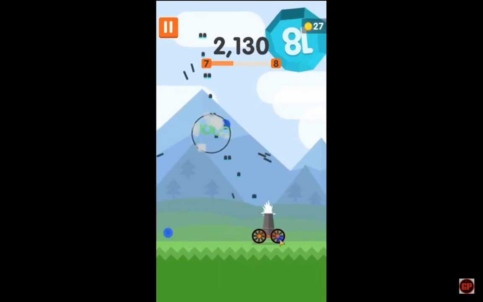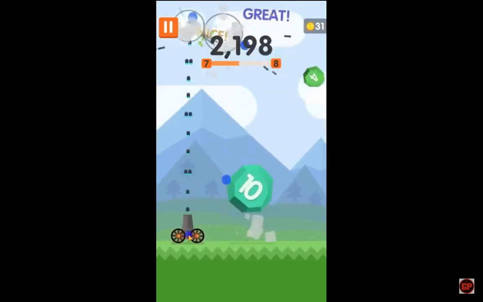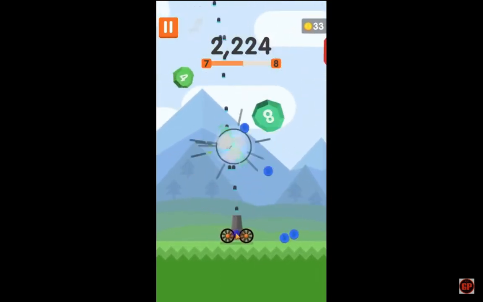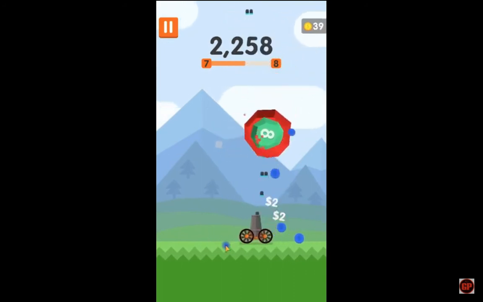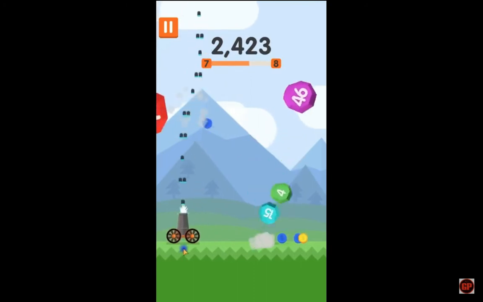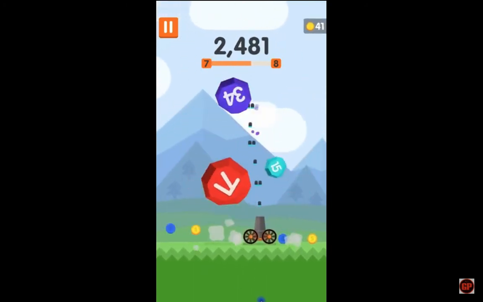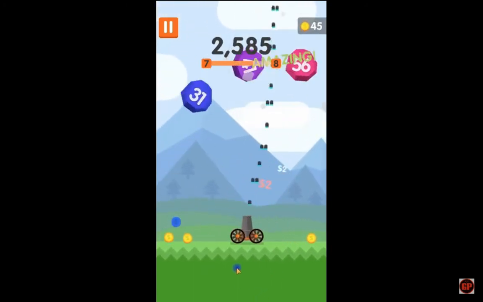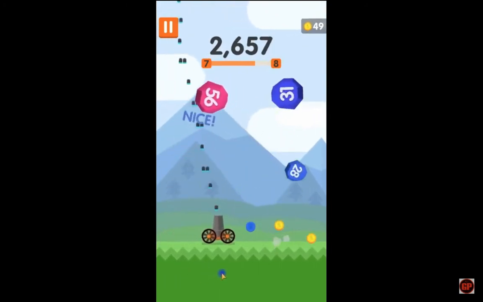And I guess that's a good overview. Another power-up is Ghost, which makes you sort of invincible. It makes the cannon semi-transparent and impervious to ball collisions.